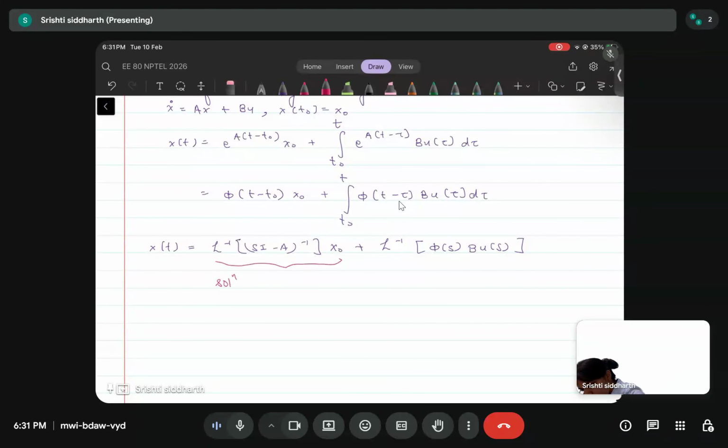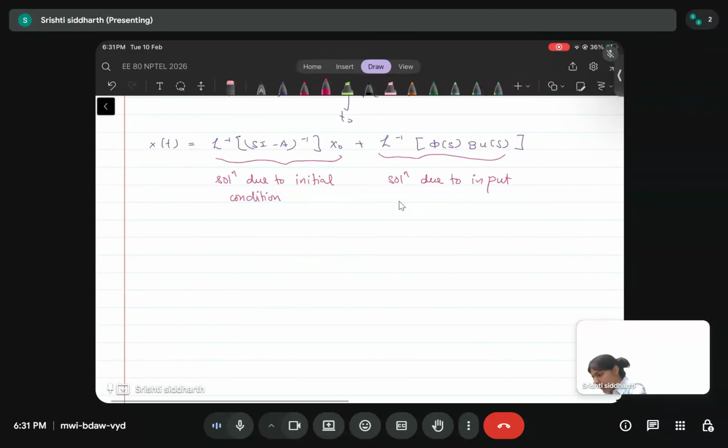Part of the solution is due to initial conditions. This is the solution due to input. Okay, so let's look at a question.